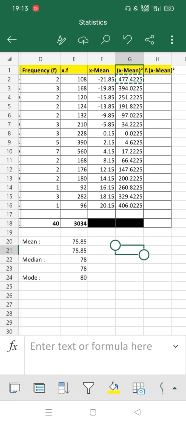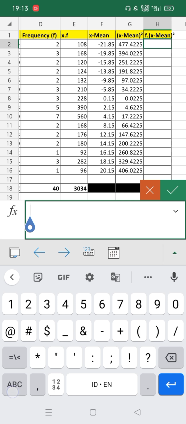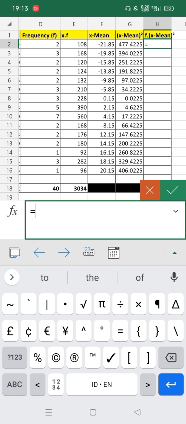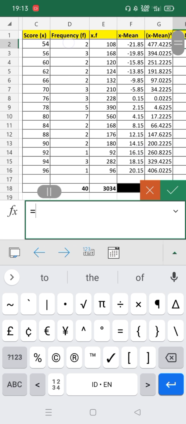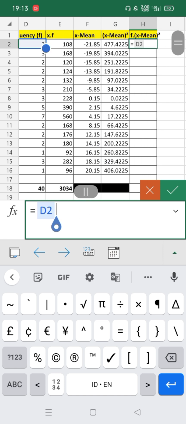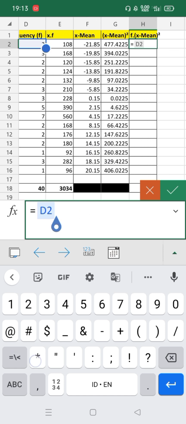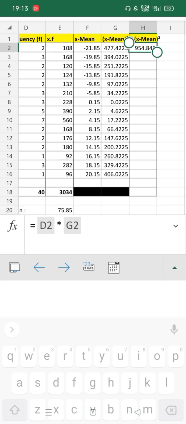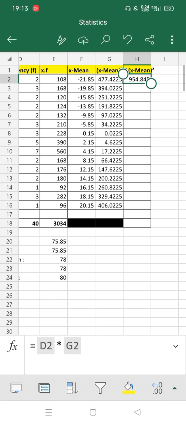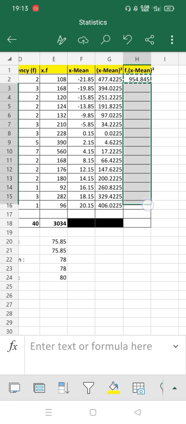The next thing we have to look for is frequency times x minus mean square. All right, we just do equal and frequency here times, remember, times is star, and x minus mean square, and then there you go, and you just copy and paste.